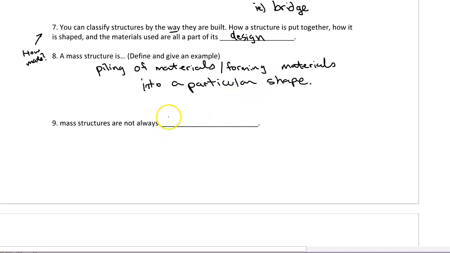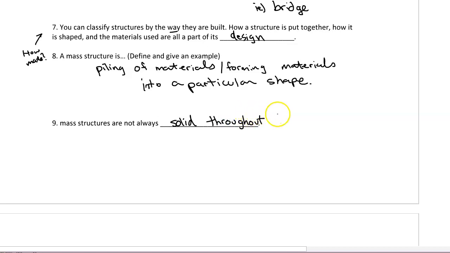Okay. Now, these are not always necessarily solids. Solid, and when I say solid, I mean solid throughout. Right? They could have hollow bits in here.